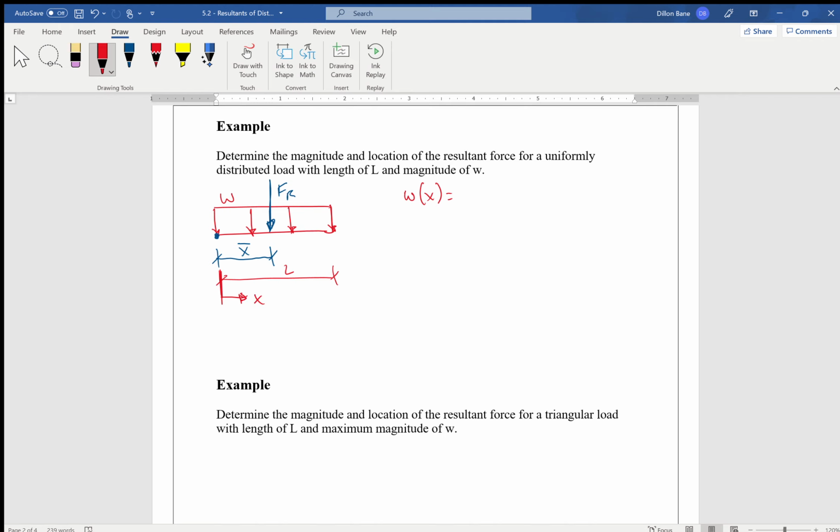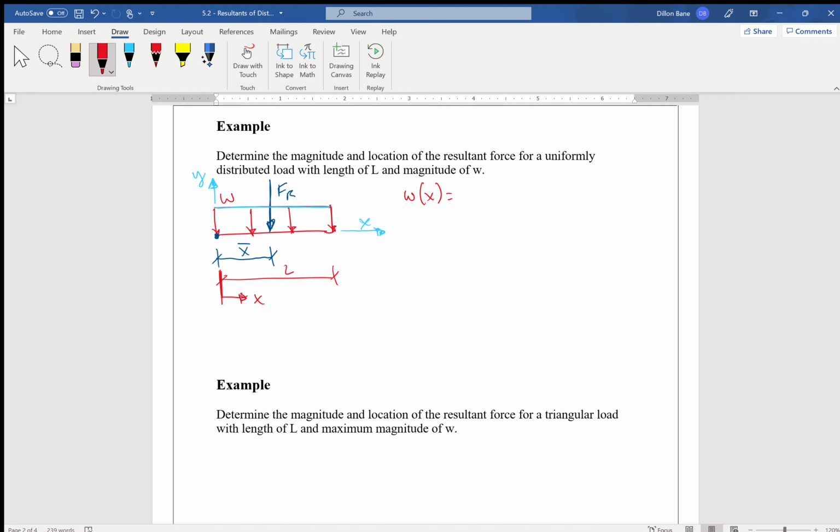So if this is an xy coordinate system, with x here and y there, and this top line, this blue line I just drew, is the line of our function, what then is W of x?